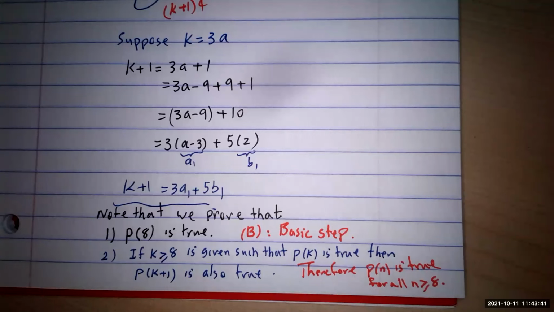In another problem, Pn can be anything else. So you have to form this Pn first, or the Pn would be given to you. So you want to prove that any integer greater than or equal to 8 can be written as a combination of 3 and 5.